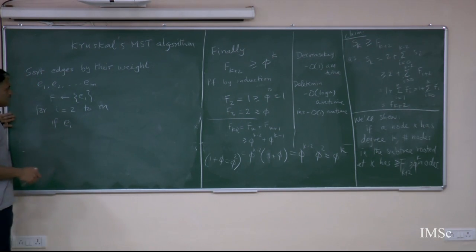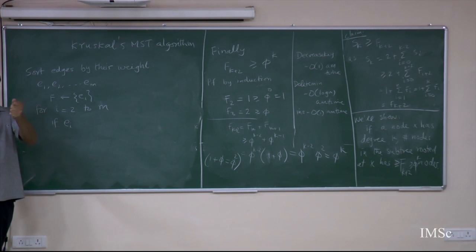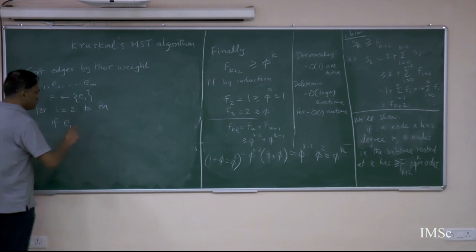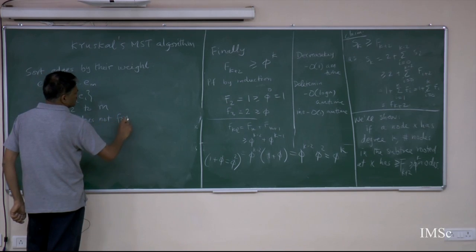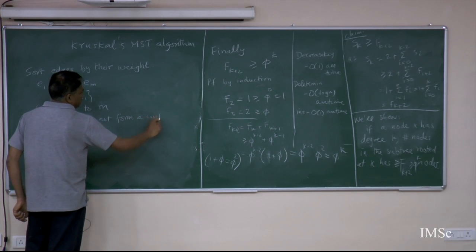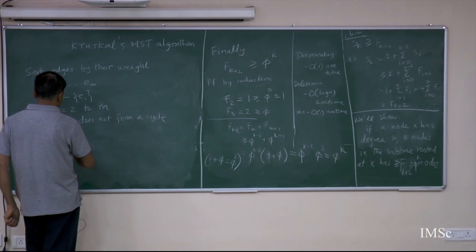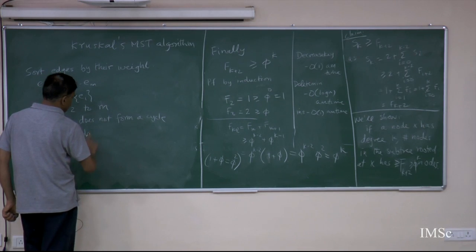I'm looking at edges in increasing order of their weights, so I look at the next smallest weight. I add it to my collection F when EI does not form a cycle with the edges of F.